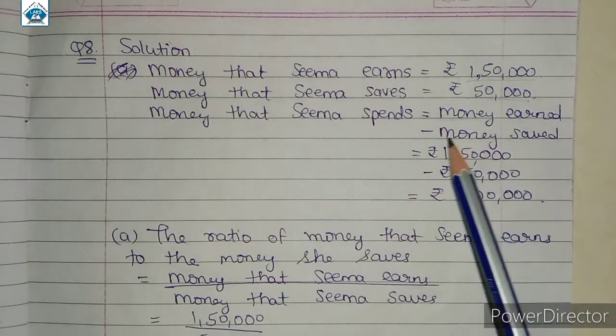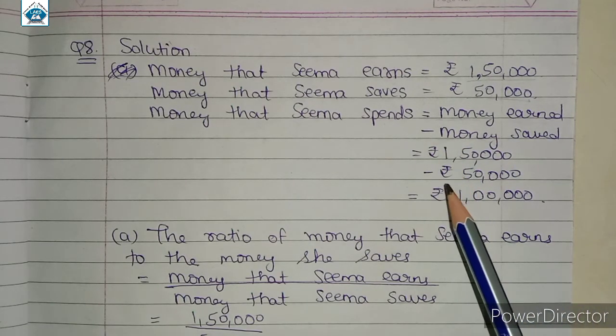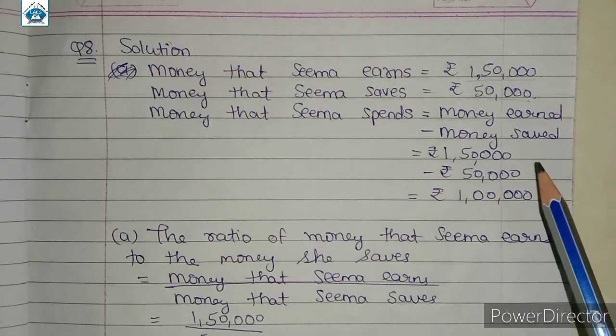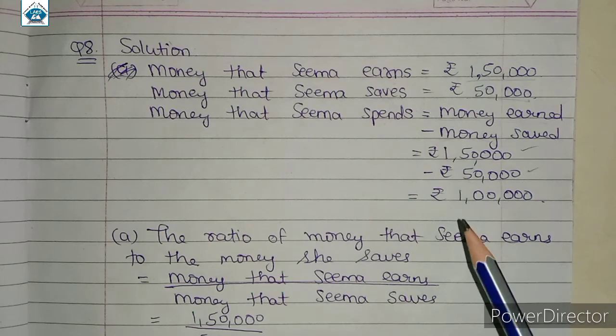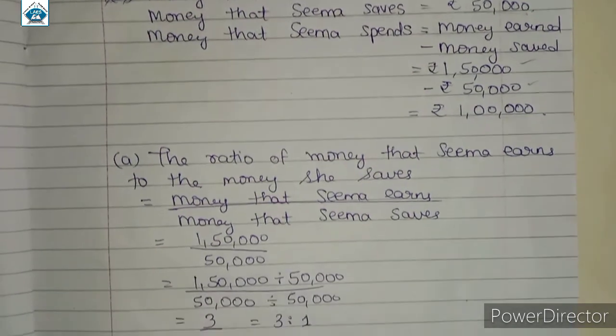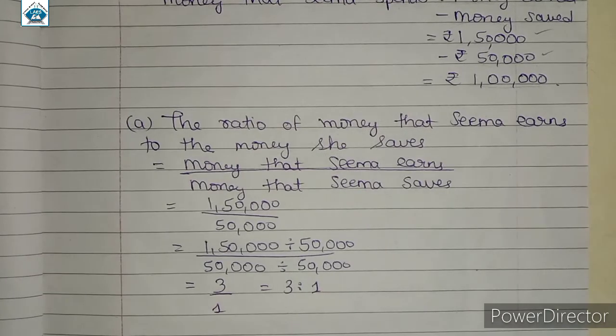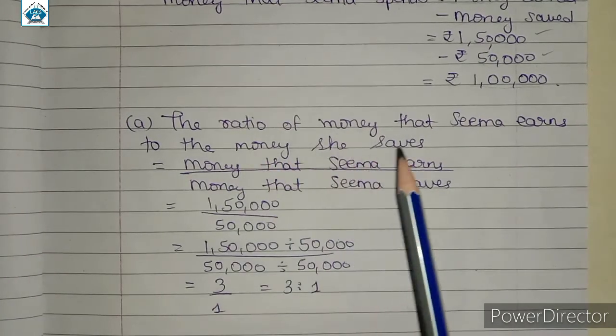Money earned is rupees 1,50,000. Money saved is rupees 50,000. So whatever she earned, from it we subtract what she saved, then we will get money that Seema spends, which is equal to rupees 1 lakh. In the first part we are asked the ratio of money that Seema earns to the money she saves.